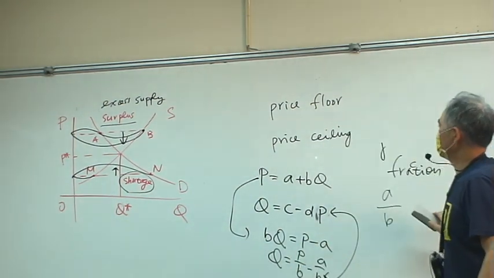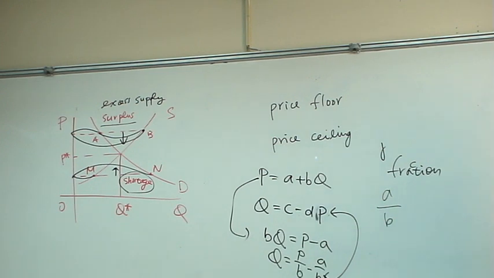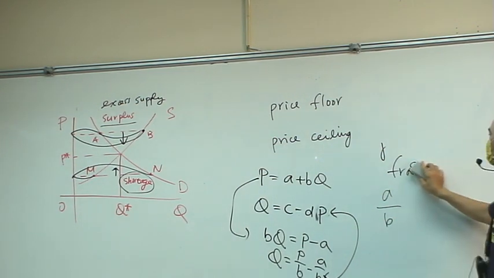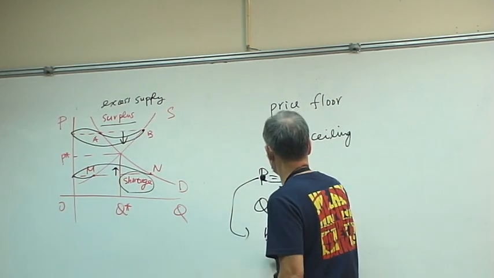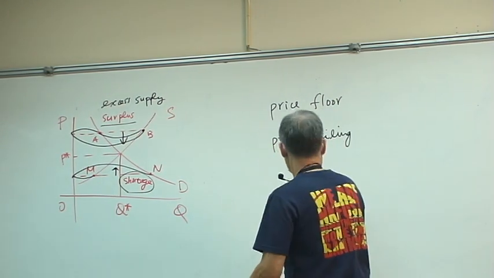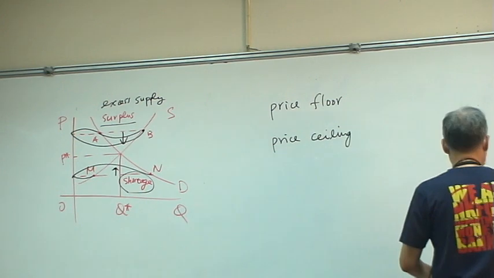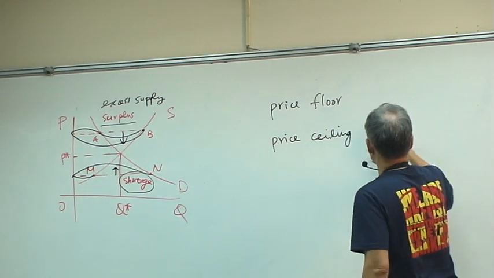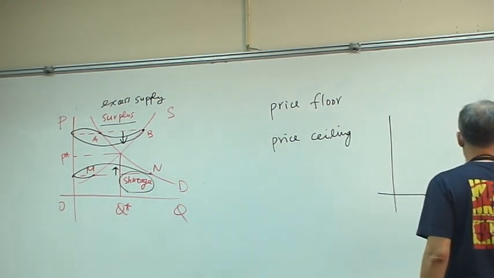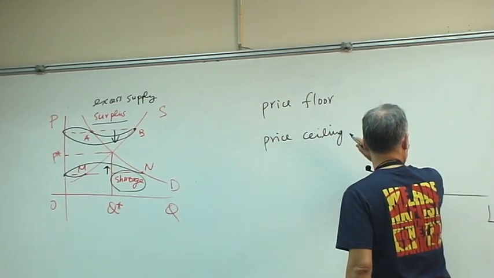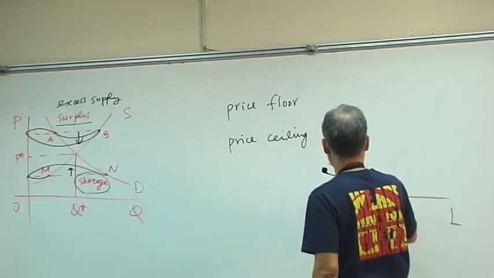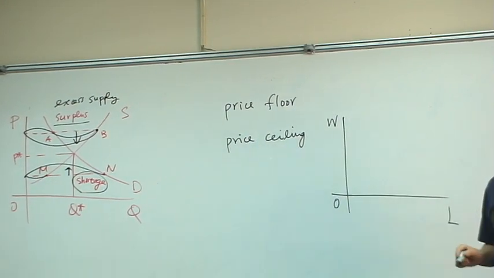You know, it is kind of ironic, okay? So what's the example for price floor and price ceiling? Price floor, we are going to talk about the labor market. Usually what do we have?